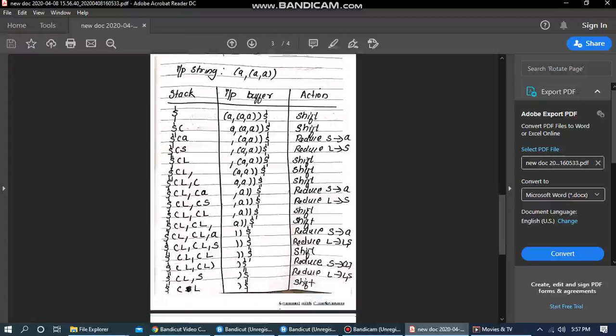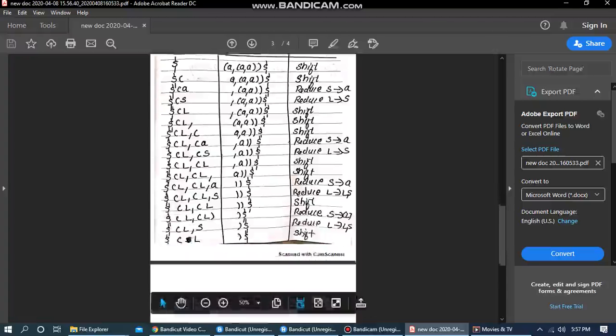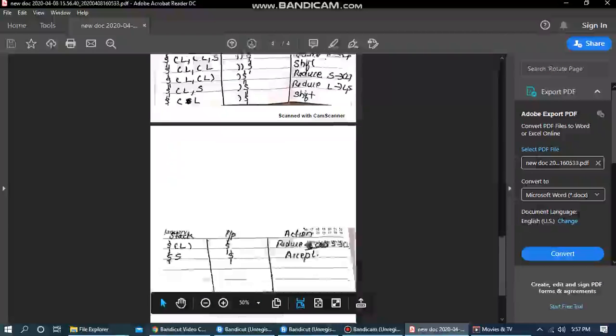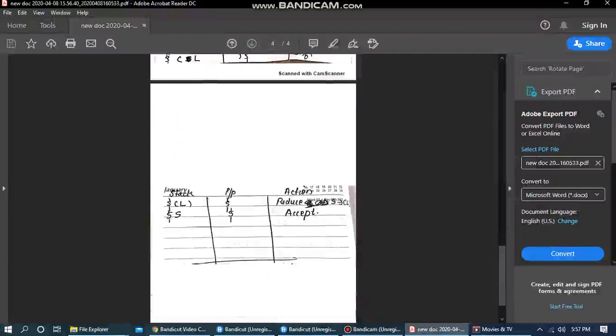Shift action. So just push the close bracket into this stack. Then what happens? In this stack there will be dollar open bracket L close bracket, and the input buffer will be only dollar. The rest of the symbols are pushed into the stack.